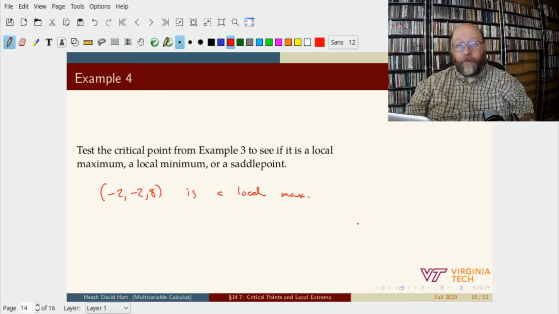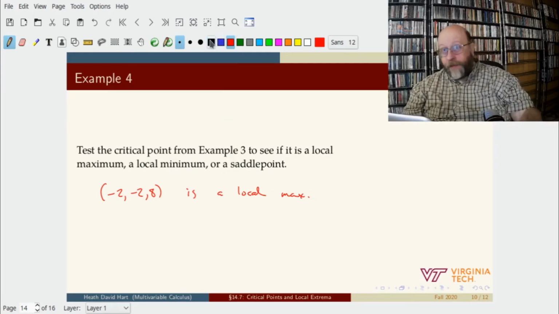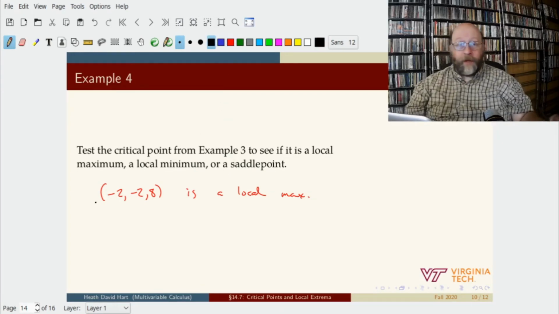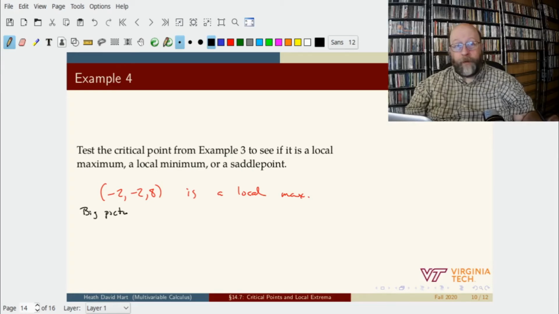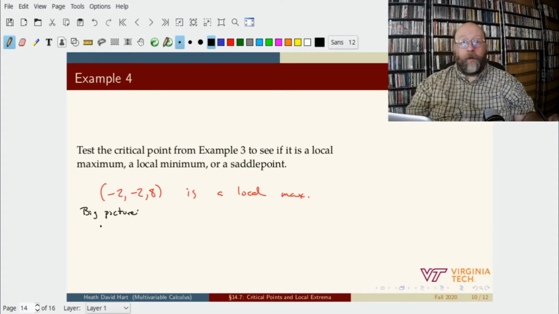Okay? Let me sum up all the steps that we did to get to this point. We've done a lot of work with this function. So the big picture here is that we found the partial derivatives, found the critical points.